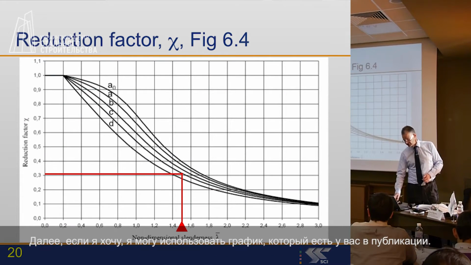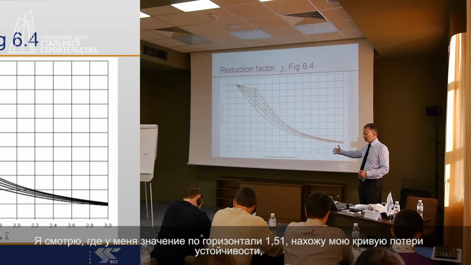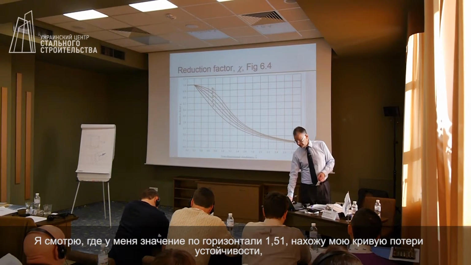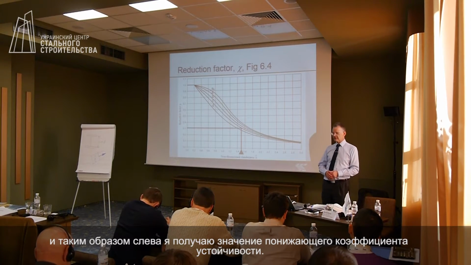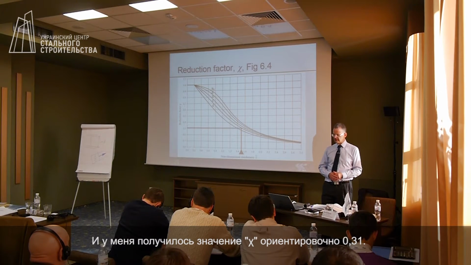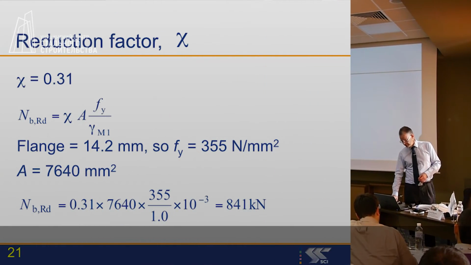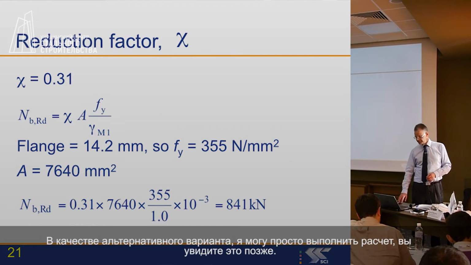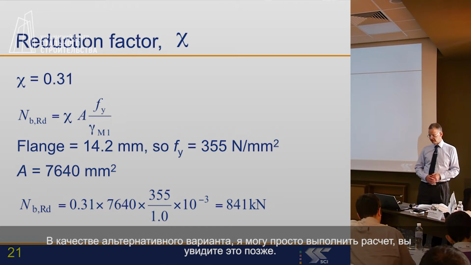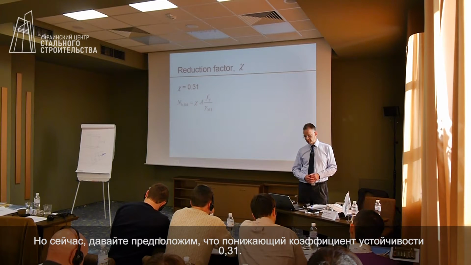If I wished, I could then use the figure in your guide. I know where I am on the bottom axis, 1.51, and I know which curve I need to interrogate. Over on the left-hand side, I think that would give me a reduction factor chi of 0.31. Alternatively, and we'll see this later, I could calculate. But for the moment, let's assume that chi is 0.31.